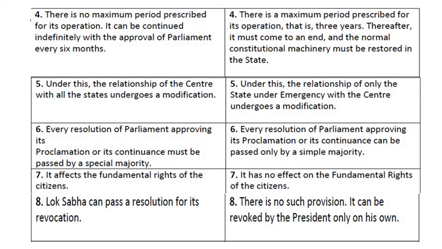Every resolution of parliament approving the proclamation of national emergency or its continuance must be passed by a special majority. Every resolution of parliament approving the proclamation of presidential rule or its continuance can be passed only by a simple majority. That means for the national emergency it has to be passed by a special majority, and for the presidential rule it has to be passed by a simple majority.